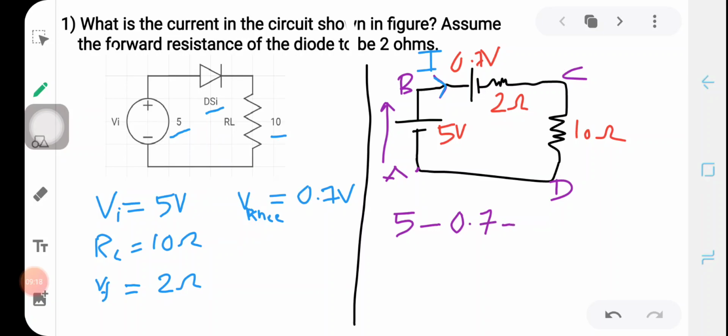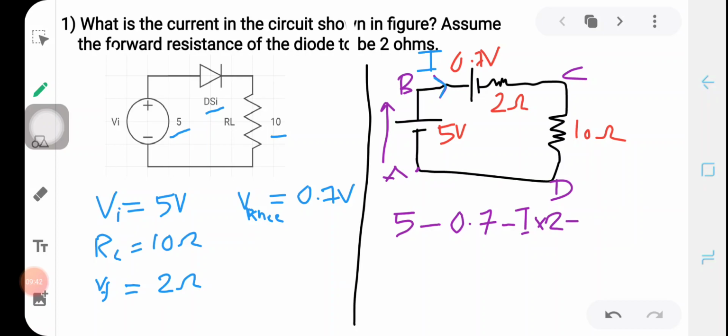Then we assume that the current is flowing from B to C, and current always flows from higher potential to lower potential, so we are moving in the direction of the current. If we move in the direction of the current, it is represented by a minus sign, so here it is minus I into R, where R is 2 ohm.